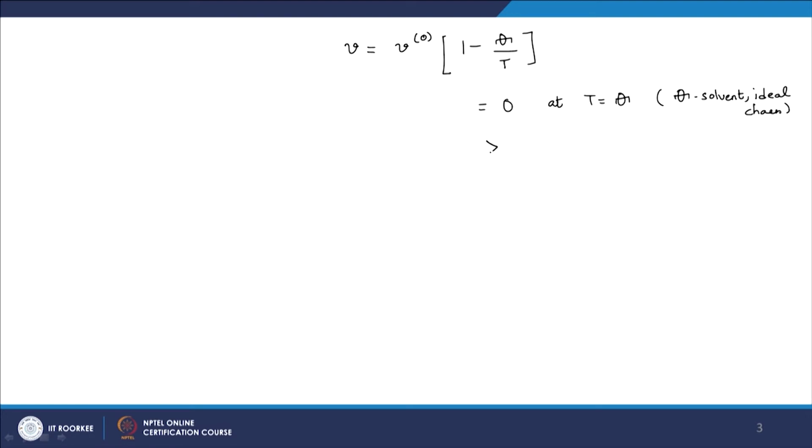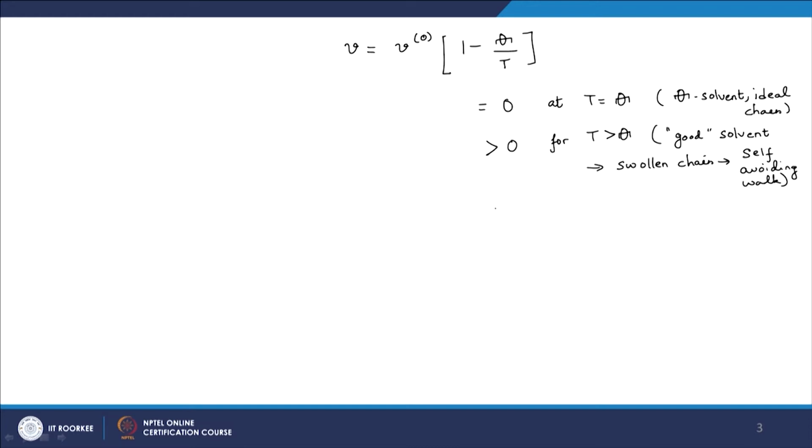And of course, this will be higher than 0 for T higher than theta. This is what is referred to as a good solvent, in which case I will get a swollen or stretched chain, and this is also referred to as a self avoiding walk.